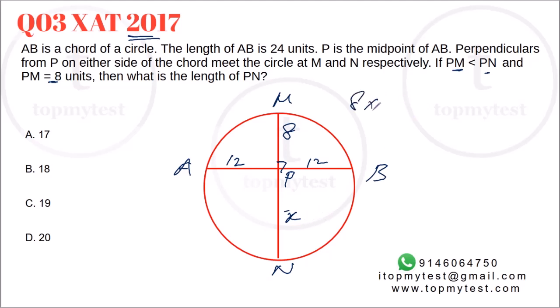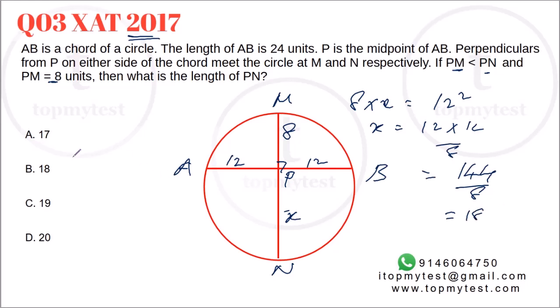So 8 into x should be equal to 12 square. So x should be 12 into 12 divided by 8. 144 divided by 8 should be equal to 18. Option B, job done. Under 1 minute for an XAT question, it's gold dust. Should definitely be attempted.